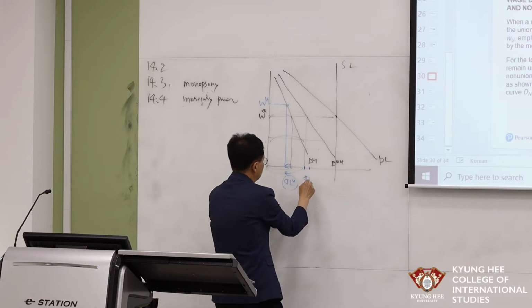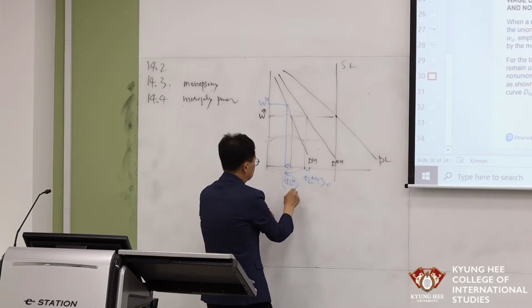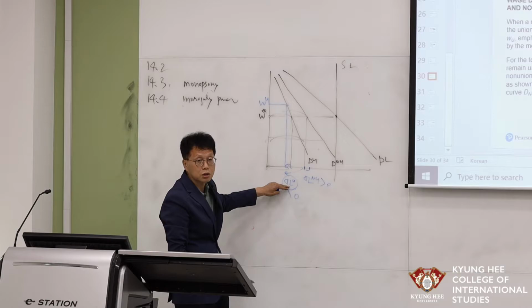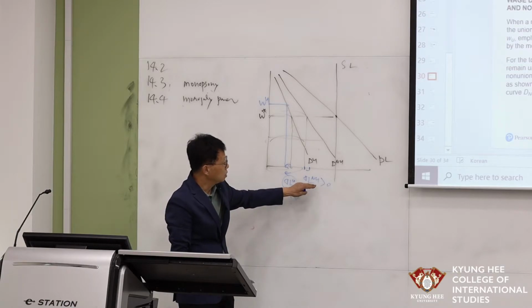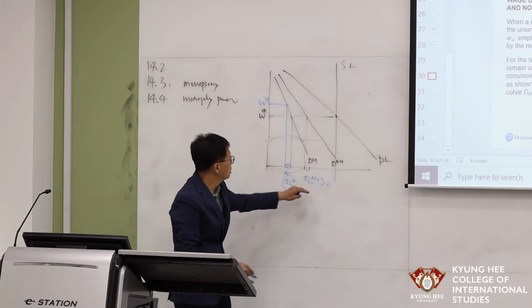That is the change in non-unionized workers. This one is positive, this one is negative. The decrease in unionized workers because of the higher wage rate should be replaced by non-unionized workers by the same amount of labor. Then what happened?